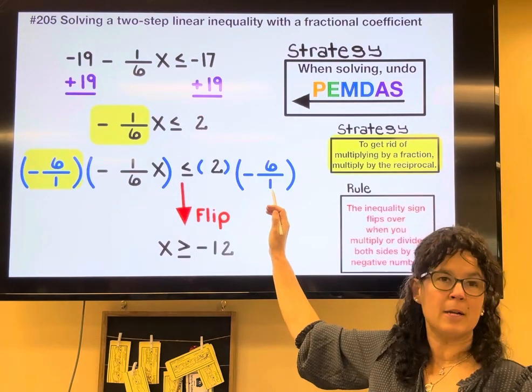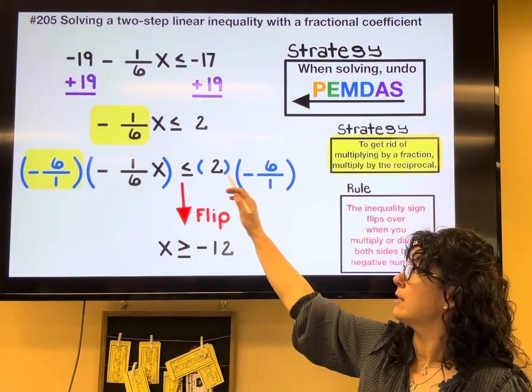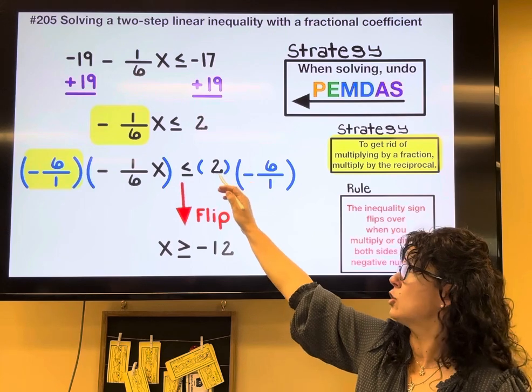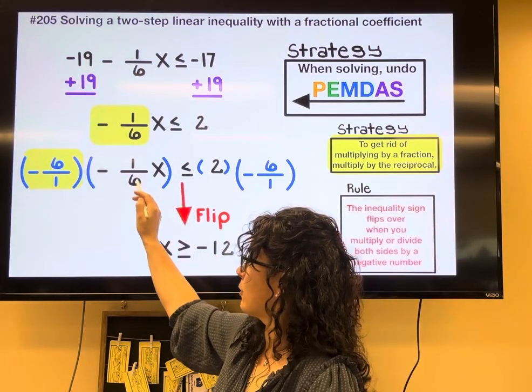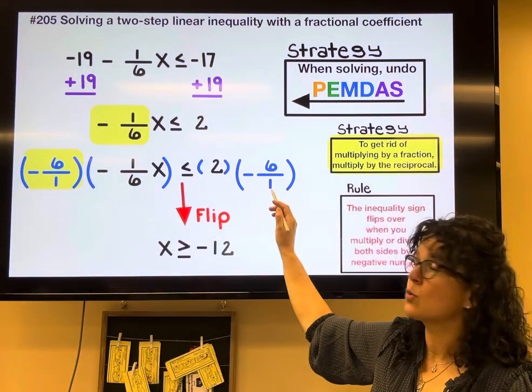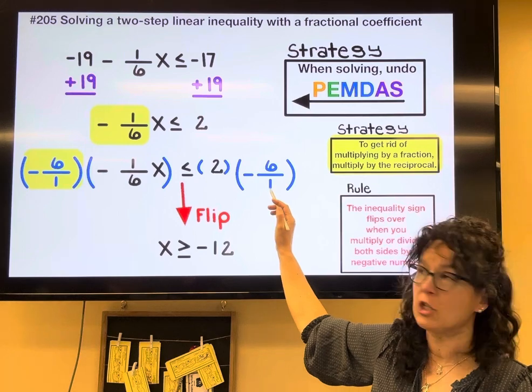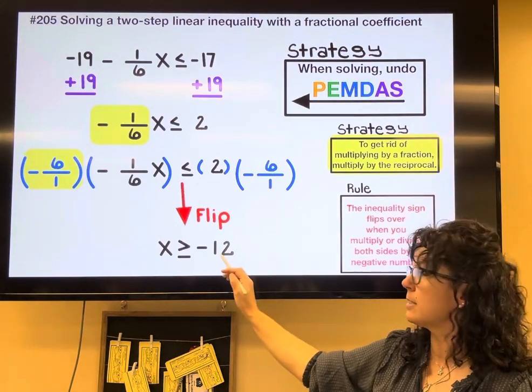Now, the denominator here on this one was just 1, so I could have just thought of this as 2 multiplied by 6. But if the reciprocal of this fraction is something else, just remember that multiplying by a fraction is dividing by the bottom and multiplying by the top to get that answer.